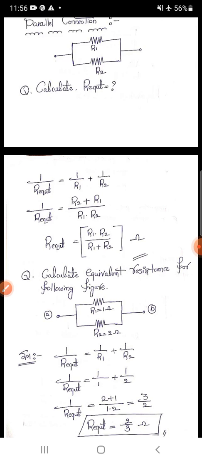Simply by considering 1 divided by R equivalent is equal to 1 by R1 plus 1 by R2 plus 1 by R3, up to the 10th resistor. By simplifying that, you will get the value of R equivalent. This is the procedure we need to follow whenever we calculate the equivalent resistance when the resistors are connected in series and also in parallel.